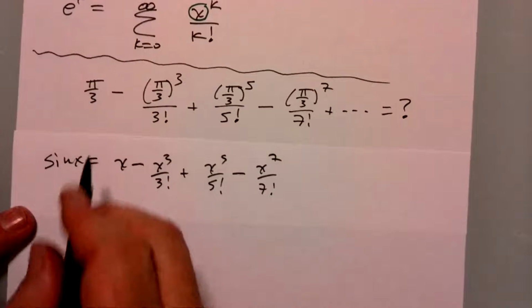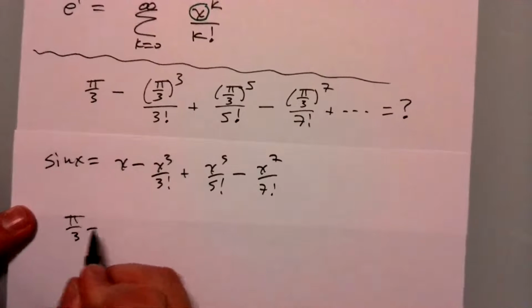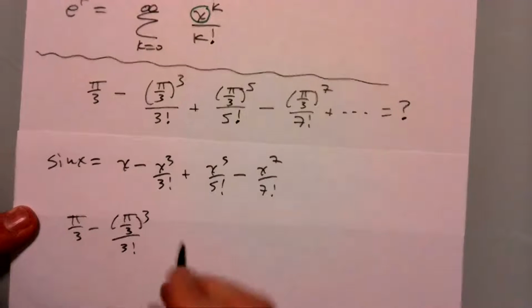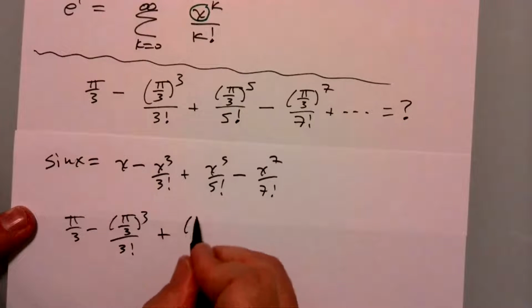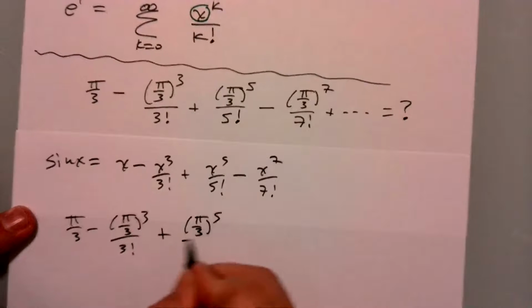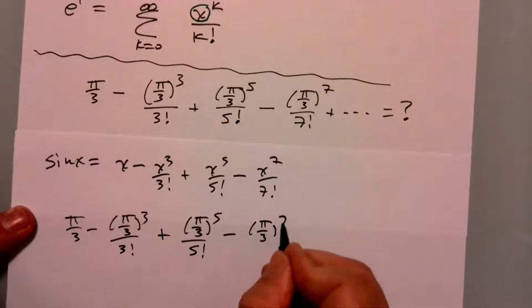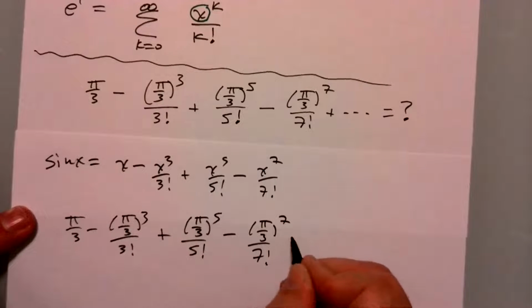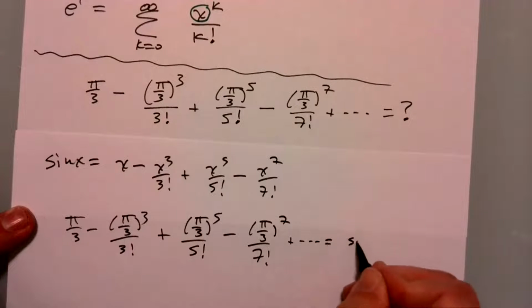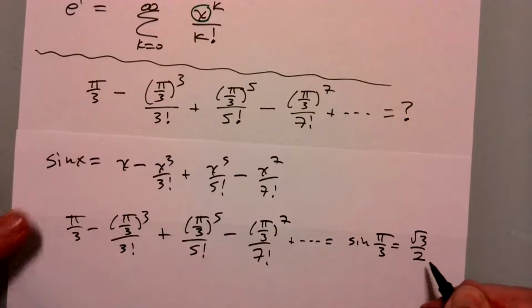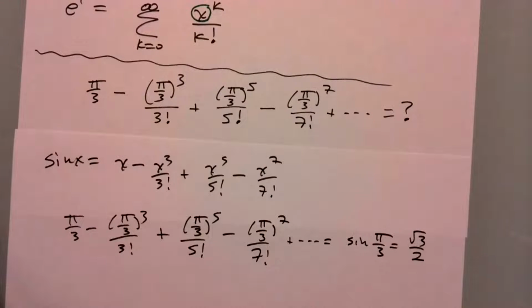So what we have up there, pi over 3 minus (pi over 3) cubed over 3 factorial plus (pi over 3) to the 5th over 5 factorial minus (pi over 3) to the 7th over 7 factorial equals sine of pi over 3, which equals root 3 over 2.